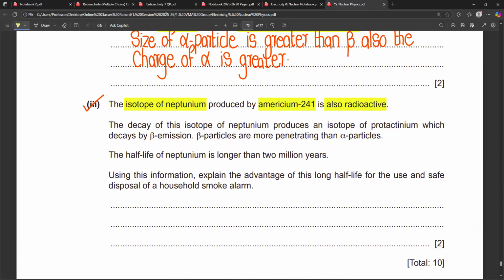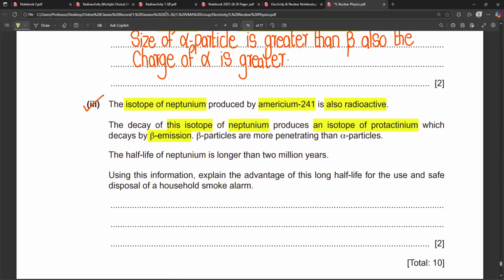Now the decay of this isotope of neptunium produces an isotope of protactinium which decays by beta emission.